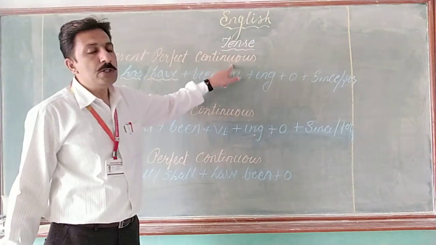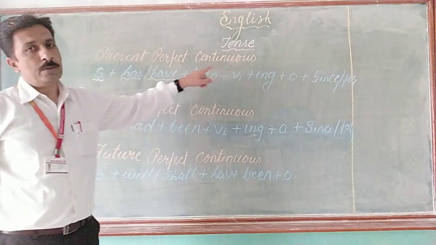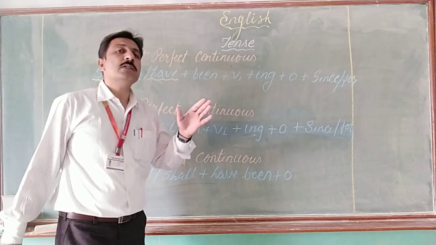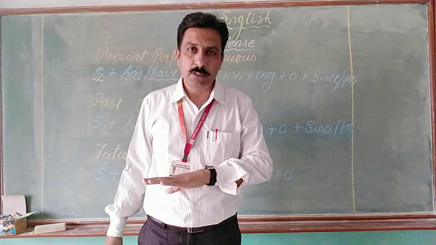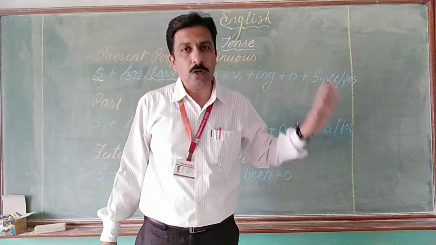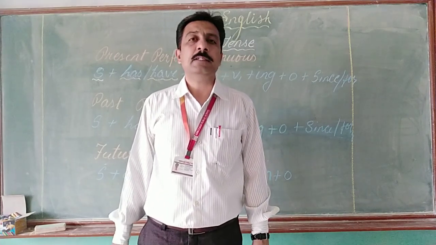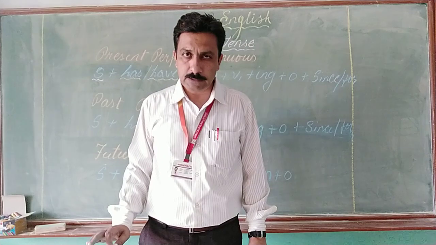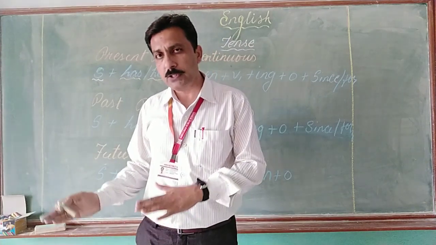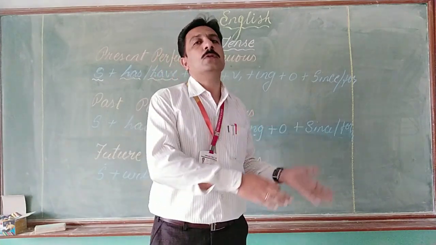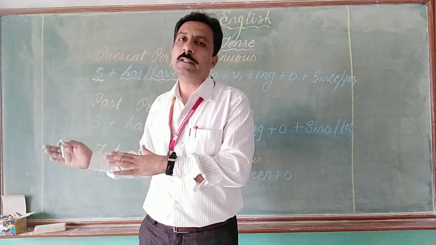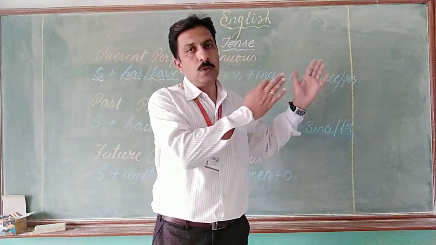Now it has continuous form also, means the work which has already started, and now it is going on, it is not over. In this condition we use present perfect continuous, which has already started and now also it is going on.